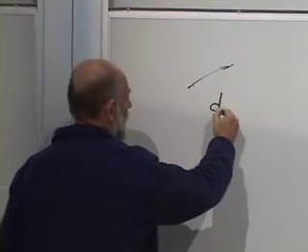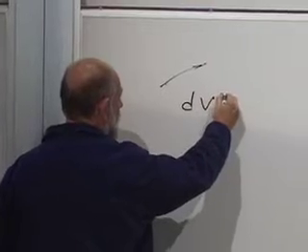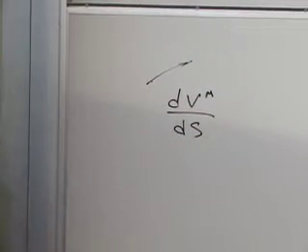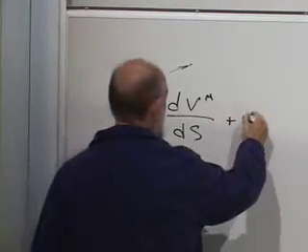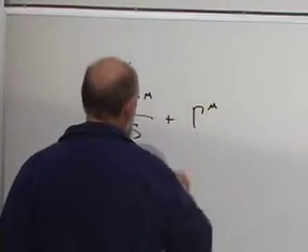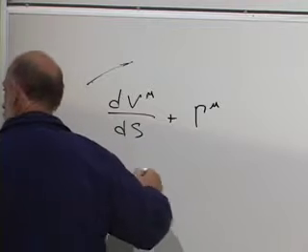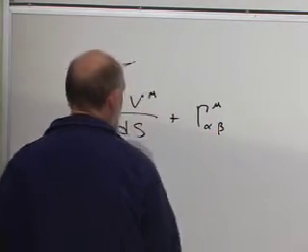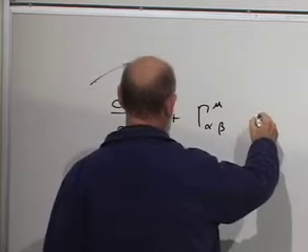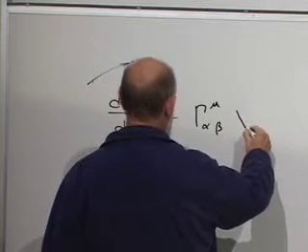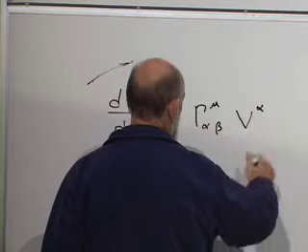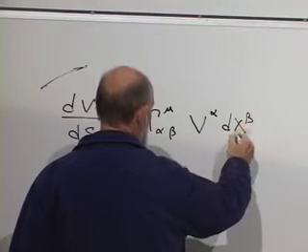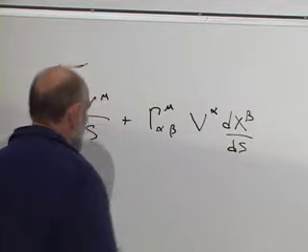It's something like dv mu by ds, s is length along the curve, plus gamma mu alpha beta times v alpha times the tangent vector dx beta by ds.